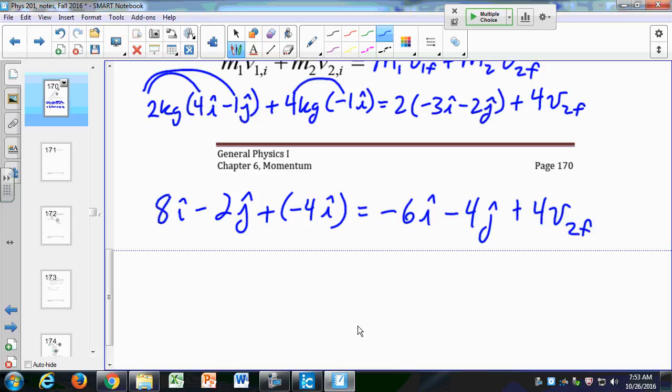And then you solve that for V2 final. I'll give you just a second to solve this now for V2 final, but keeping it in I and J notation. So don't get rid of those I's and J's. Just keep them and join up like terms.